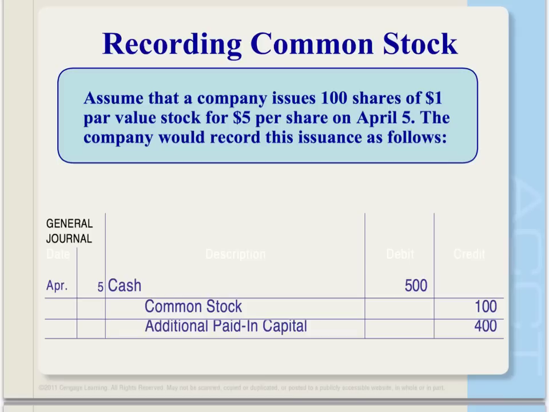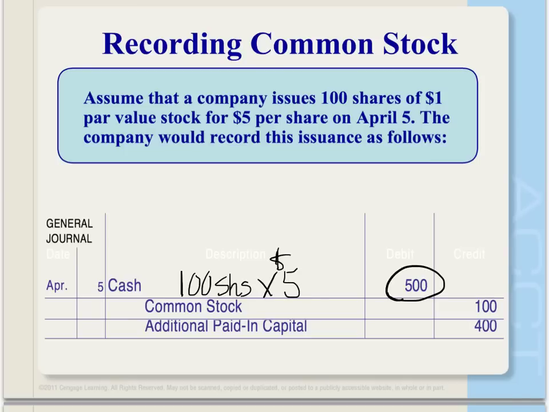Assuming that a company issues 100 shares of $1 par value stock for $5, the company will record the issuance as follows. We would get $5 times the 100 shares.